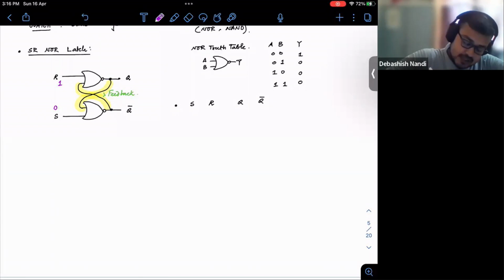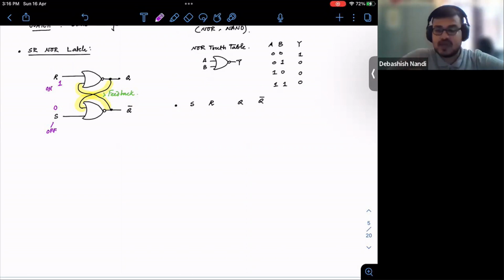That means this is off for the first time. And I'm providing some high signal to that input, right? High means we have already discussed what is 0 and what is 1. 0 is nothing but a ground. That means you did not switch on the terminal. And 1 is your VDD, right? That means the highest potential you are giving.